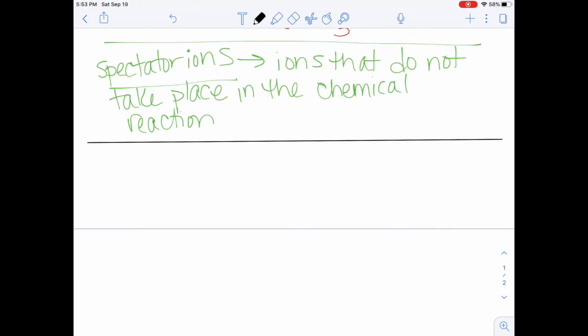Let's take a look at another reaction. If we were to add copper(II) chloride solution to sodium phosphate.